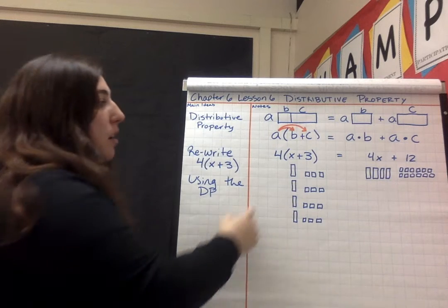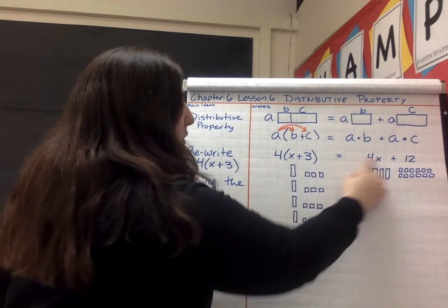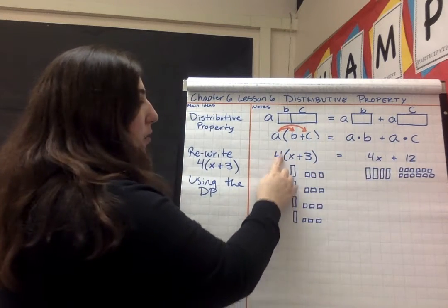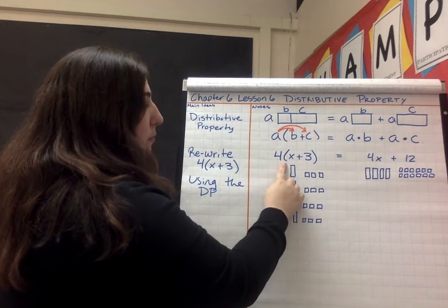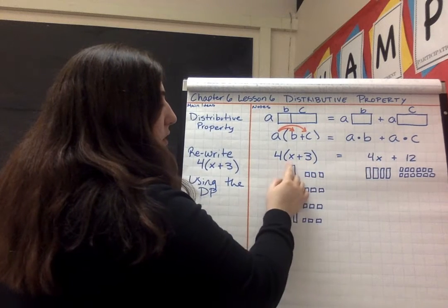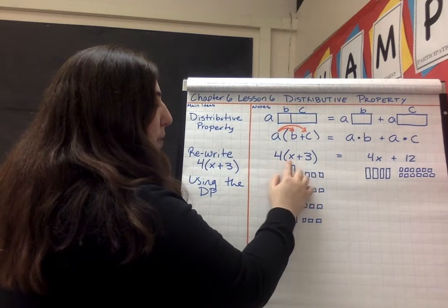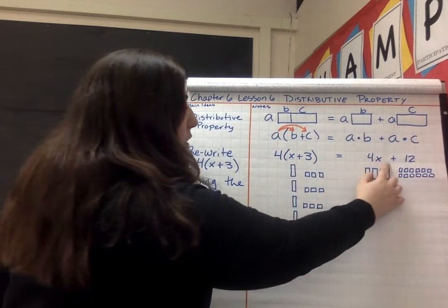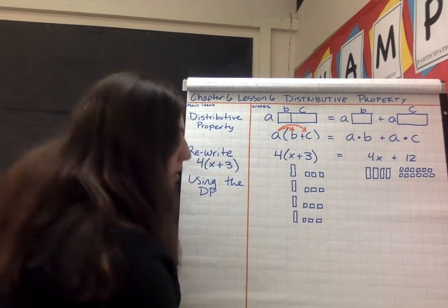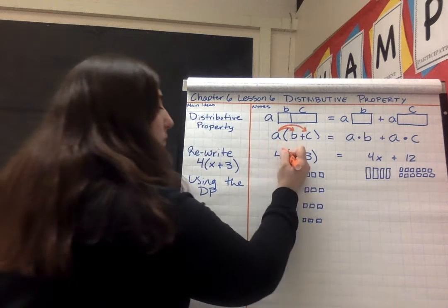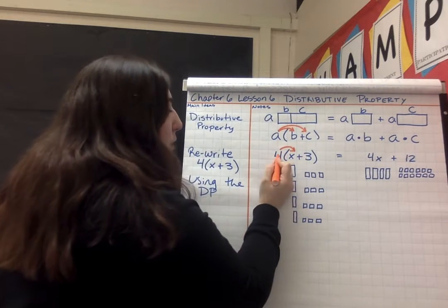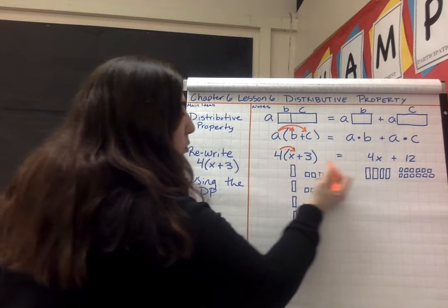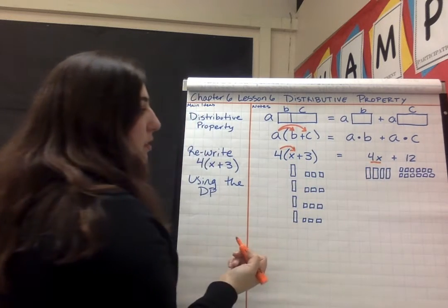So again, we have the same format over here, okay, as we do up here, right? So here we see the distributive property, okay? We have 4 times x plus 3, similar to how we have it written up here. And then over here, if we use the distributive property, we distribute this 4 to the x, we'll end up with 4 times x.